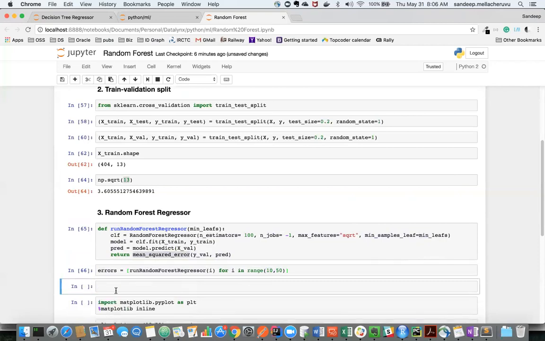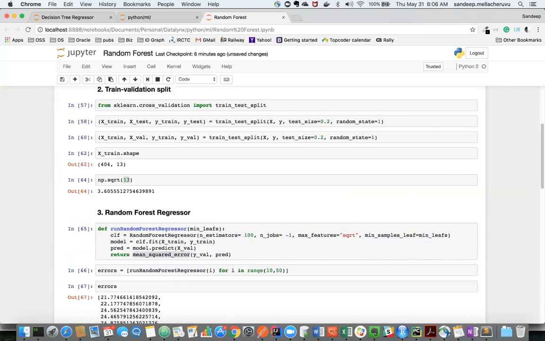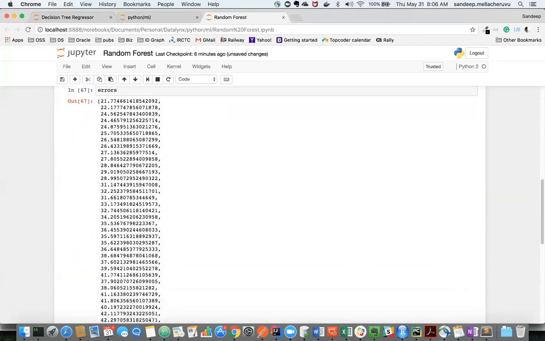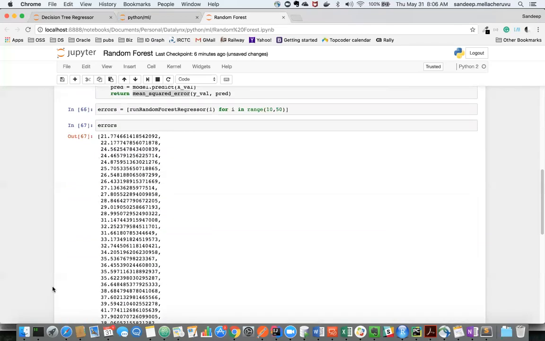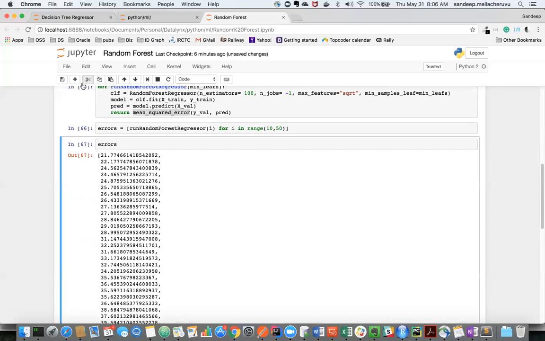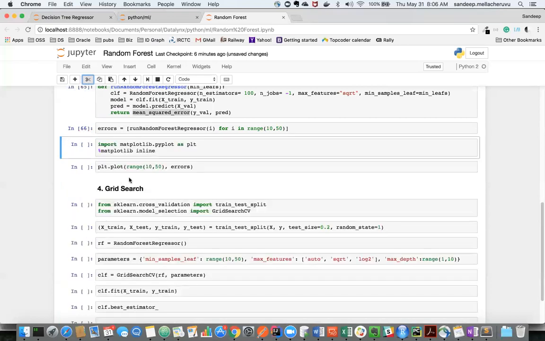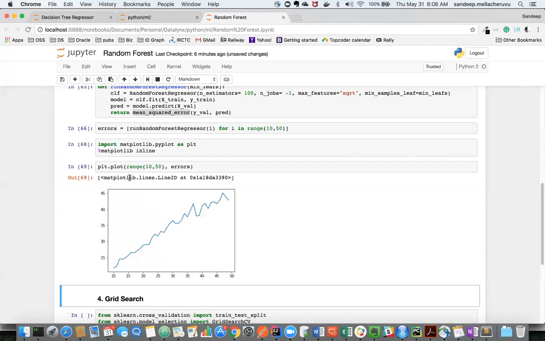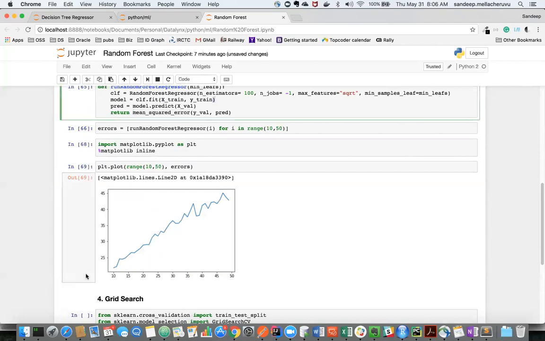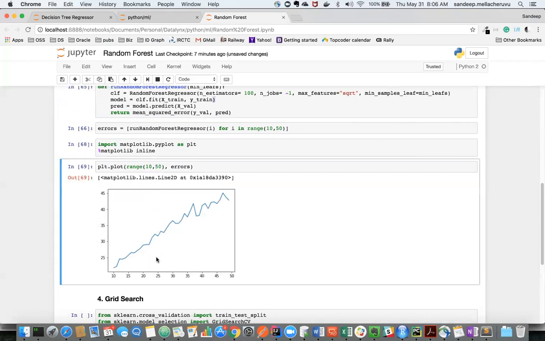If I print this, you can see it ran for quite some time, and you can see all the errors. Instead of printing them, you can put it in a matplotlib plot, and you can see it keeps on increasing. As the number of leaves increases, the error increases. What is the minimum point? 10. Yes or no?